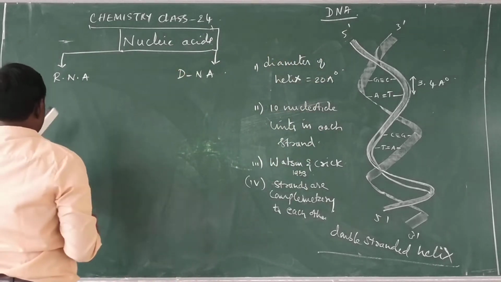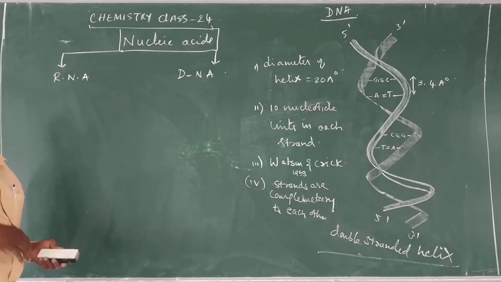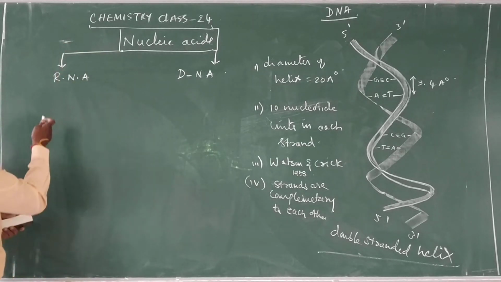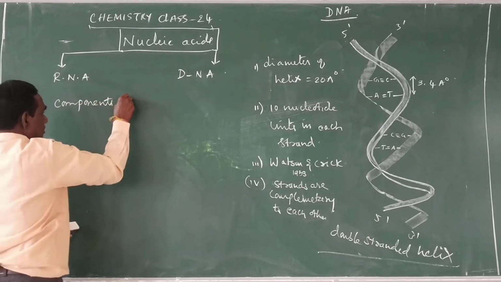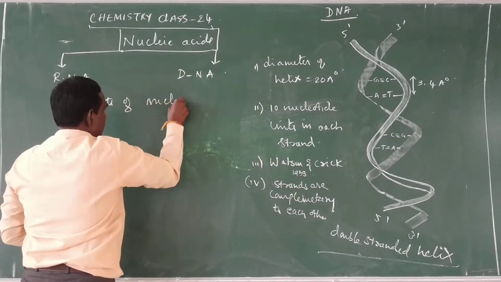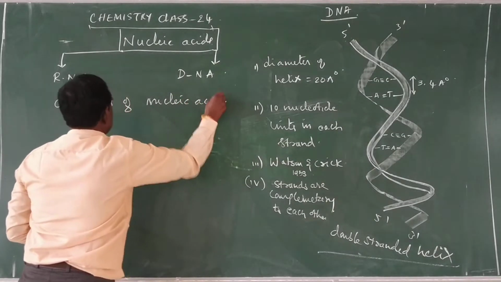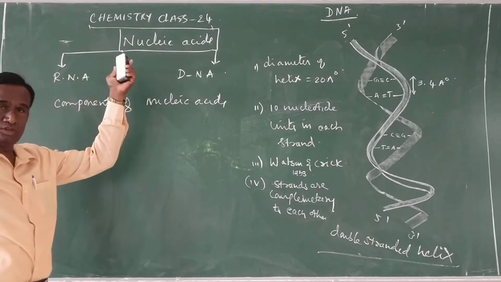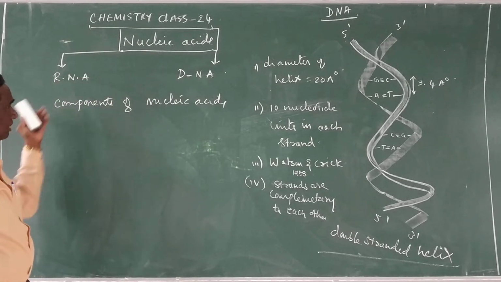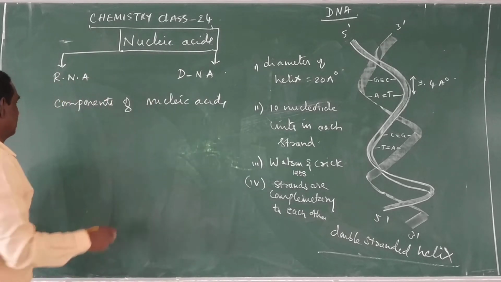Both RNA and DNA, the two types of nucleic acids, are made up of three components.